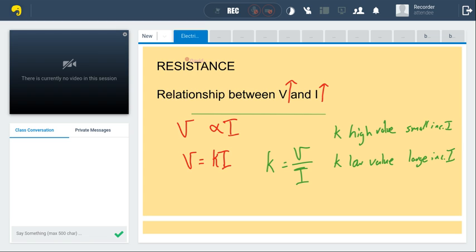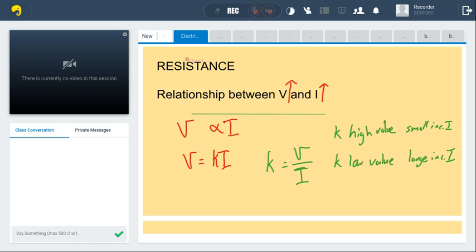And so now K seems to be about how much current we'll get compared to our voltage. As such, a high K would suggest that we're not getting a lot of current. So a high K suggests difficult for current to flow.